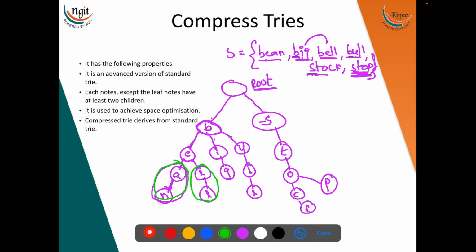Why am I combining only AN? Because A has no other children, that's why I can combine AN. There won't be any difference if I write AN as one word or separately. So I'll make this one word, AN, this one word, LL, and IG also one word, IG.